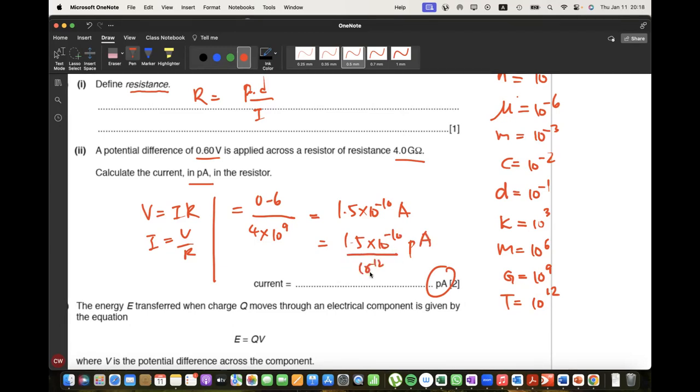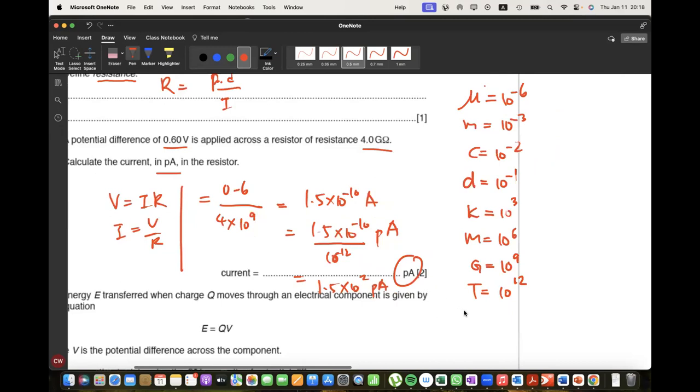Minus 12. So it'll be what? What is the number again? 2. So it's 150 pico ampere. Okay, pico ampere. Okay or not?